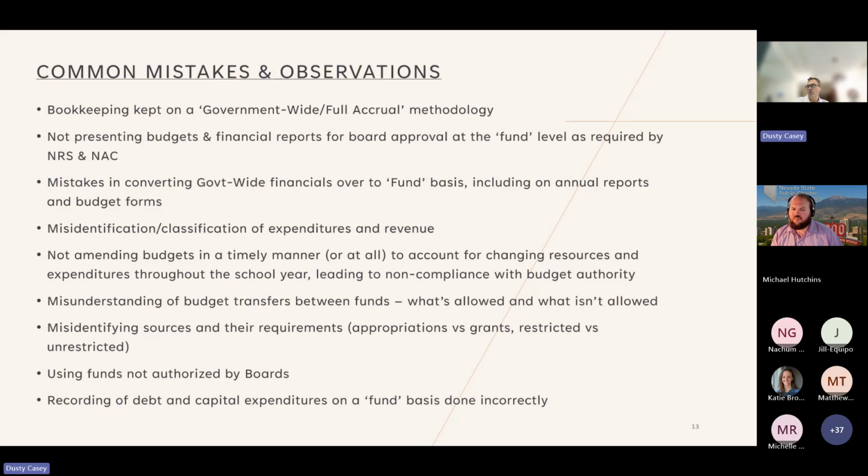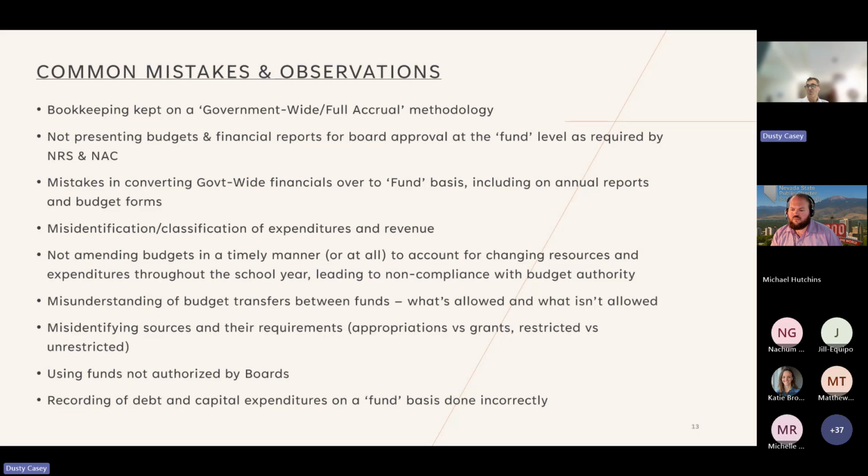You can't really budget for those types of things. Knowing that, this is the reason that budget augmentations are there, so you can take those in order for you not to be spending outside of your budget authority and putting yourself in a non-compliant situation. That's what amended budgets are for. And so you really should utilize those.